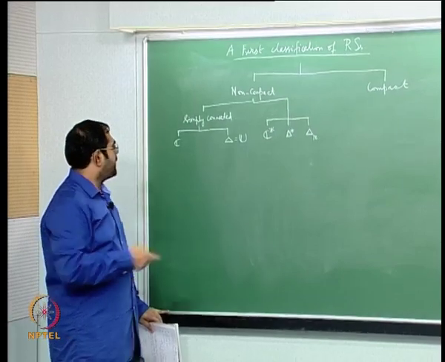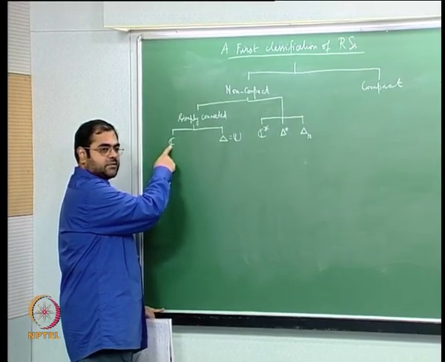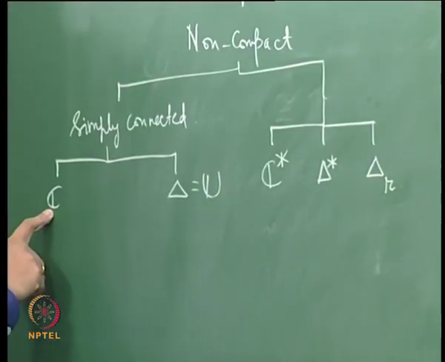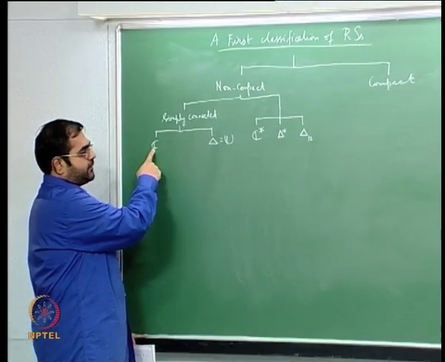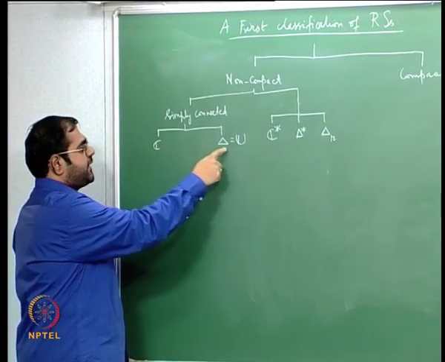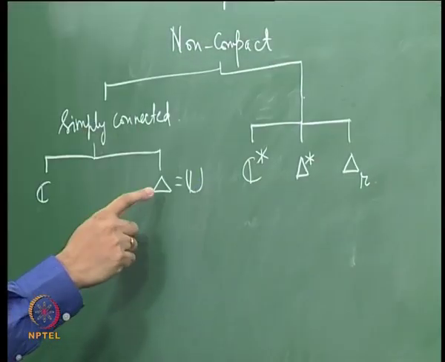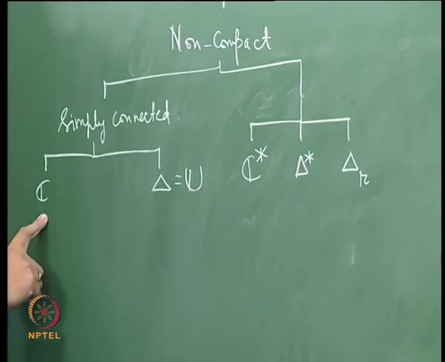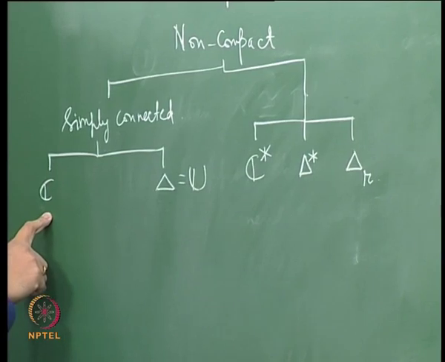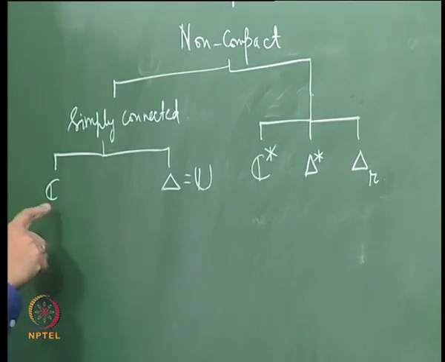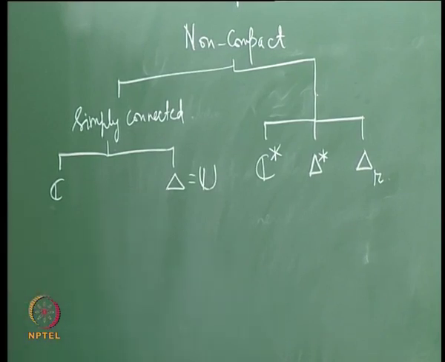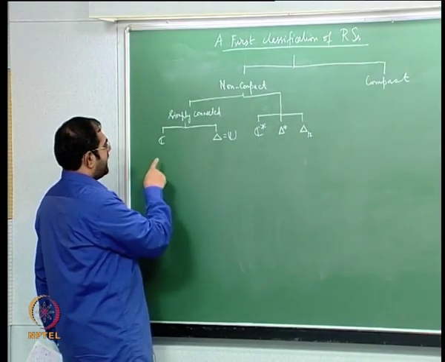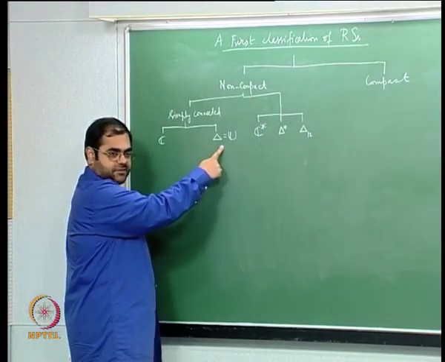If I look at the complex plane, it means the set of isomorphism classes of Riemann surface structures on the complex plane, and you know that on the complex plane I can put two Riemann surfaces. I can force the structure of the unit disk on the complex plane, and that will not be isomorphic to the complex plane. So if you fix the underlying surface to be R2, you will essentially get two Riemann surface structures.